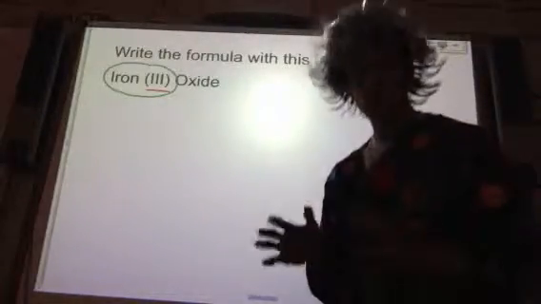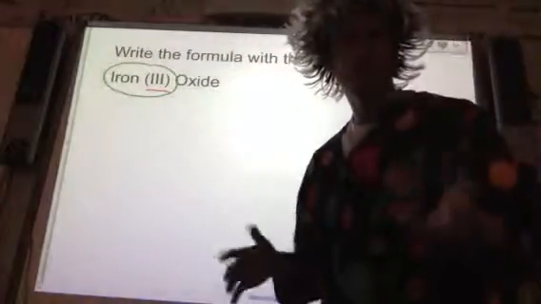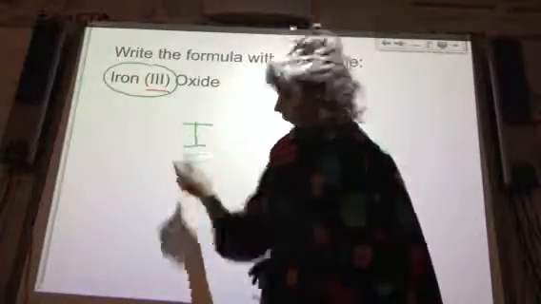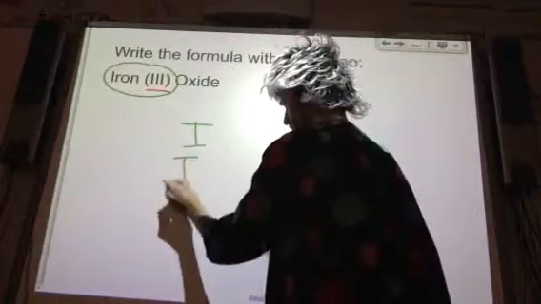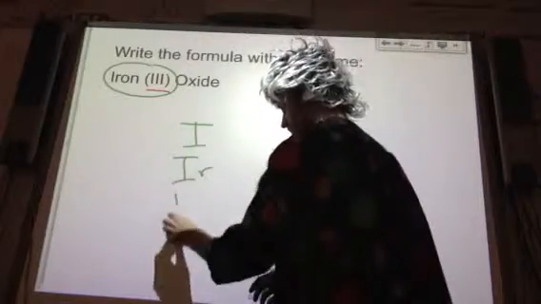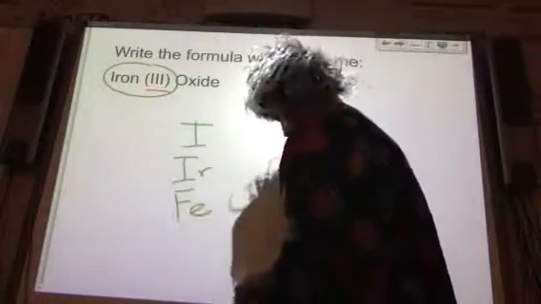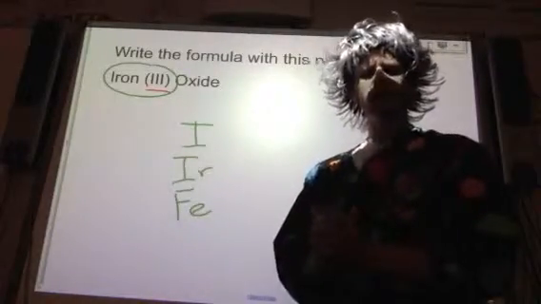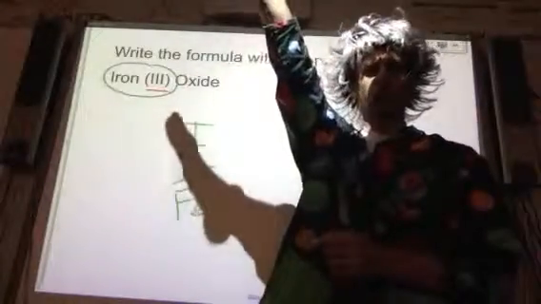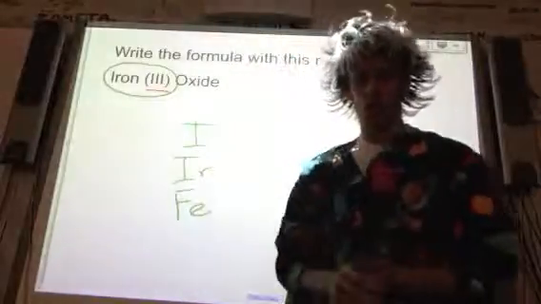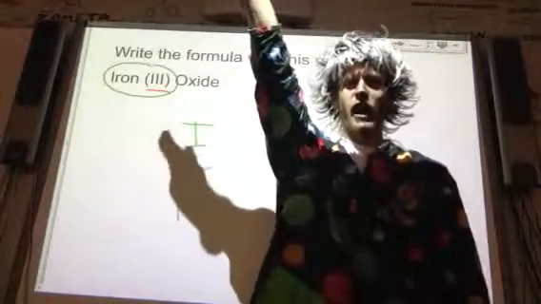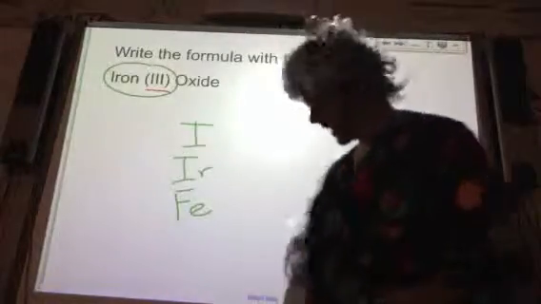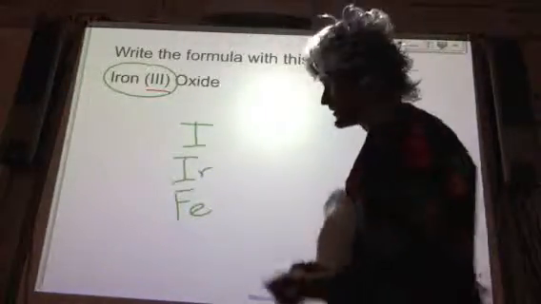So, what is the atomic symbol for iron? Is it I? Is it IR? Or is it FE? Raise your hand if you think it is I. Come on, raise it nice and high. Hands high for I. Put your hand down because that is not I. That is iodine.